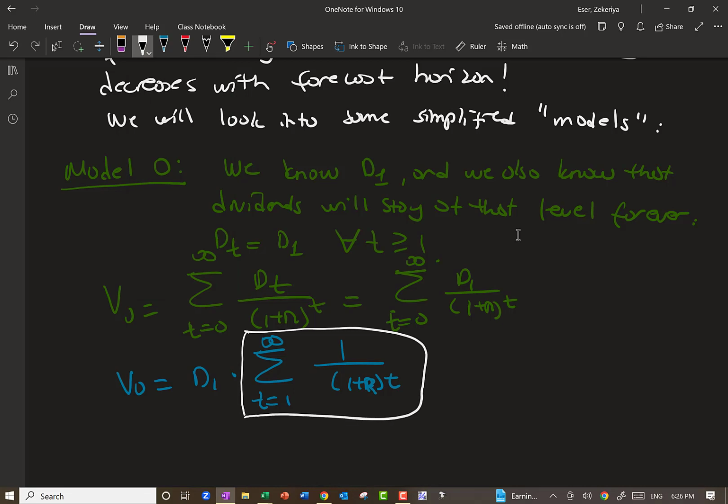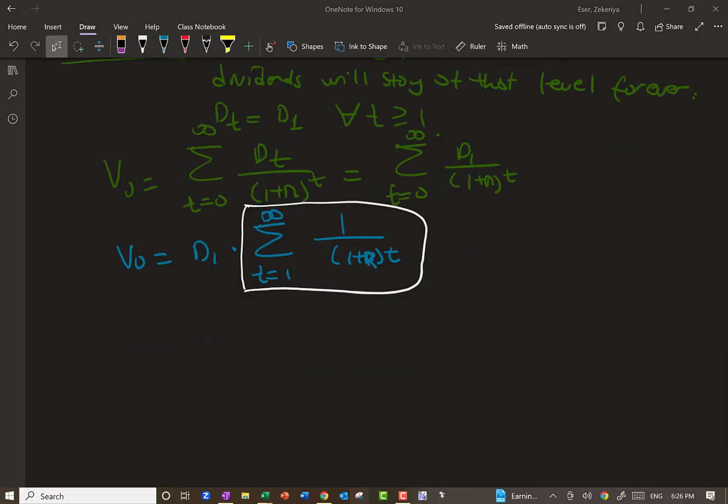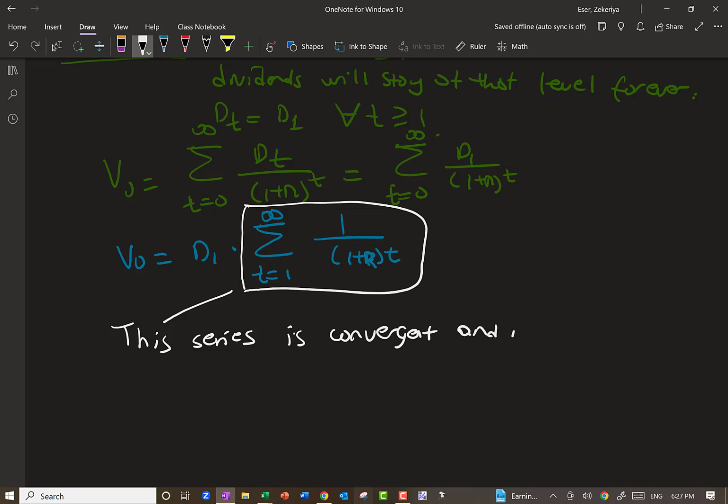If you had taken any pre-calculus, you may have seen that such a series, the sum of a sequence, is convergent, and it is equal to 1 over r.